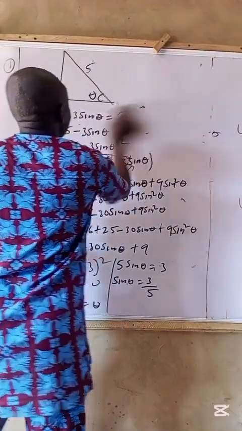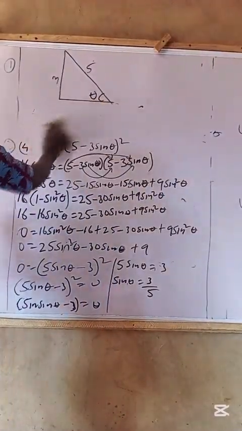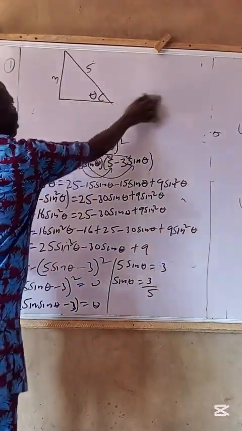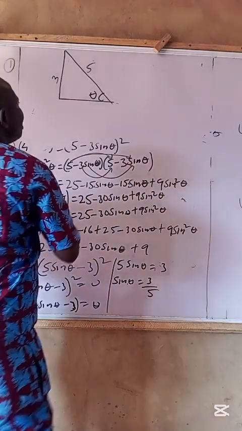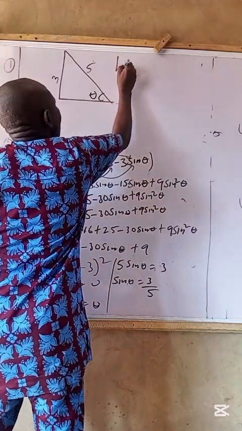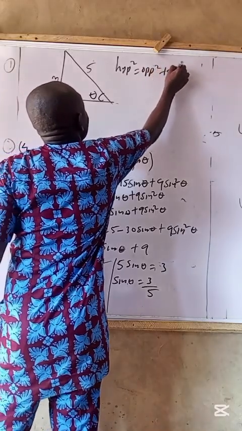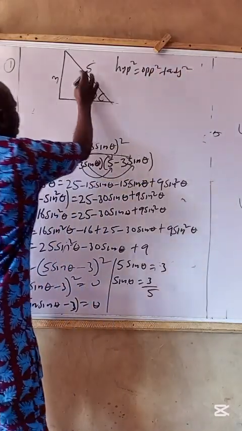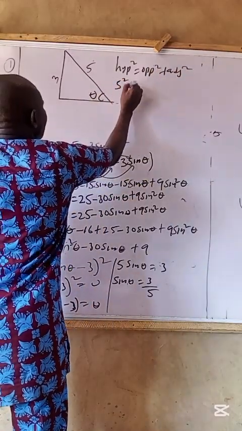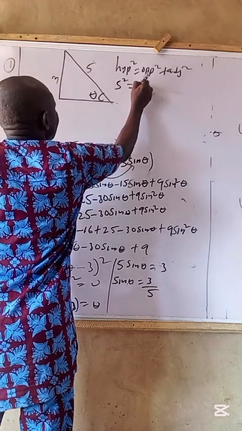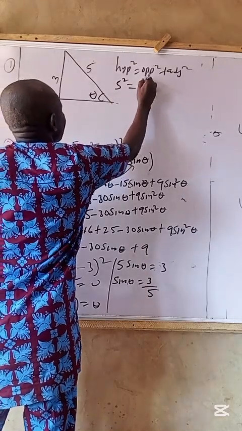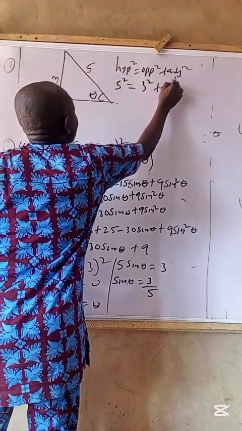To find the third side, we use the Pythagorean theorem, which says that hypotenuse square equals opposite square plus adjacent square. Our hypotenuse is 5 square, our opposite is 3 square, plus adjacent square.